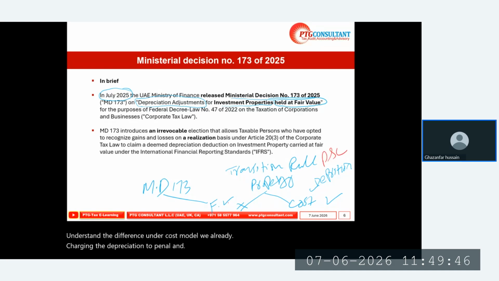When we come to fair value, does the accounting standard allow you to charge depreciation? Just confirm, is depreciation charged to the profit and loss or no?